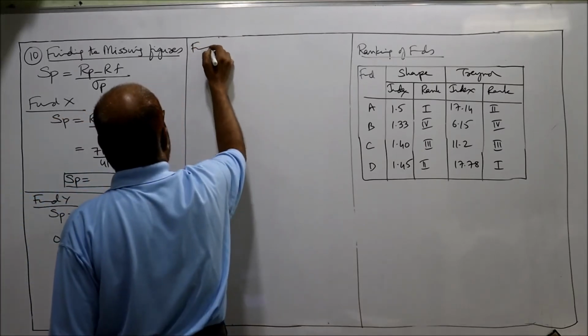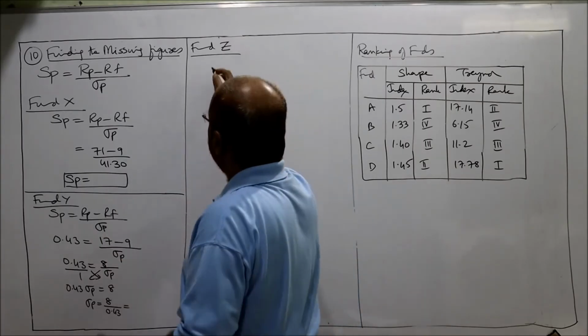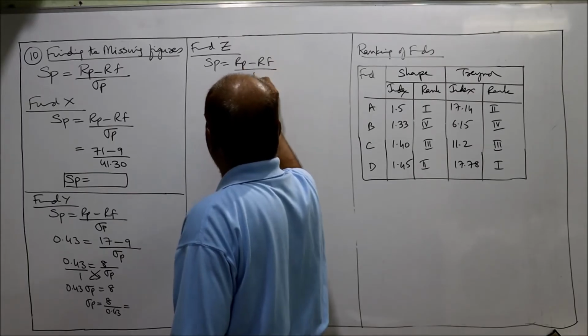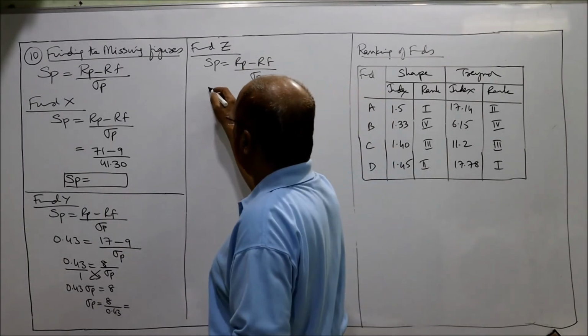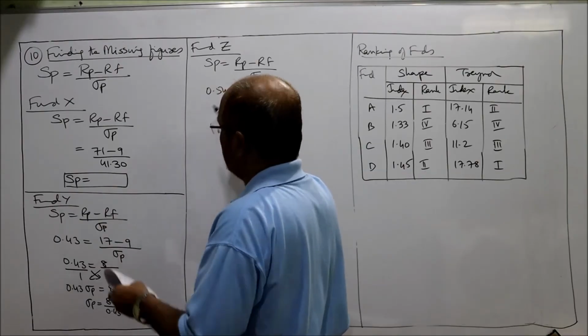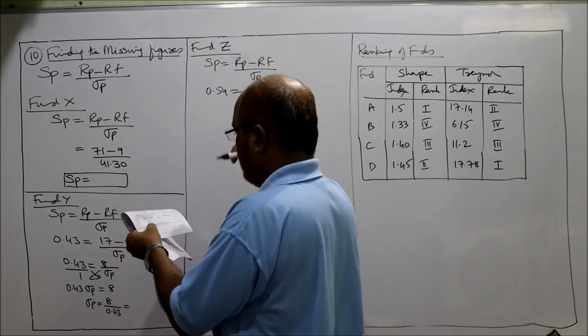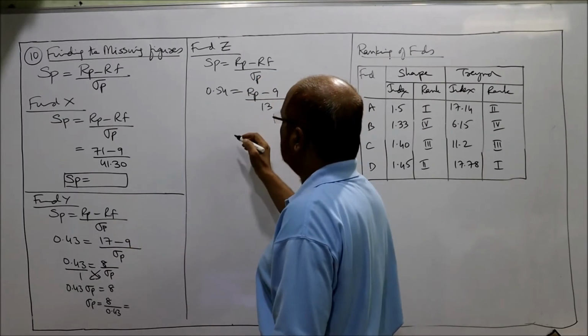Now fund Z. SP is equal to RP minus RF divided by sigma P. Sharpe's measure is given 0.54. Return on the security is not given, so we have to find RP. Risk-free rate 9% and standard deviation is given 13%.